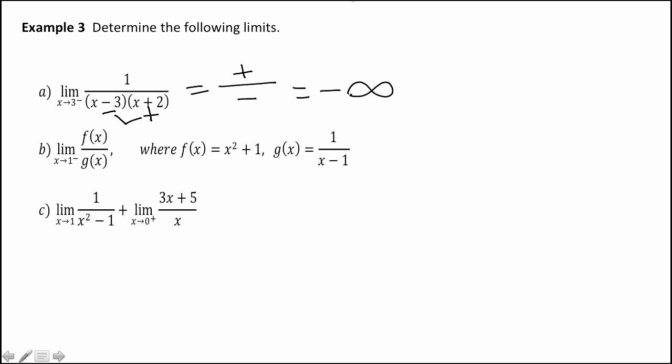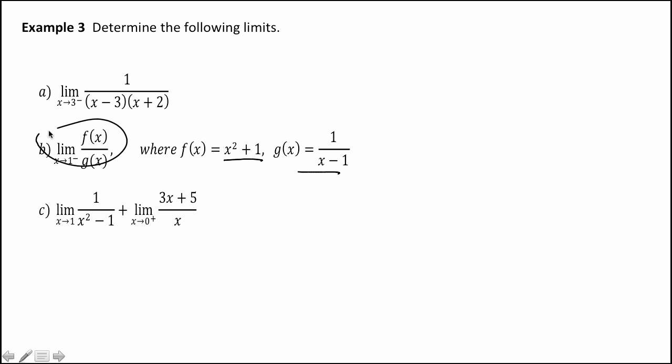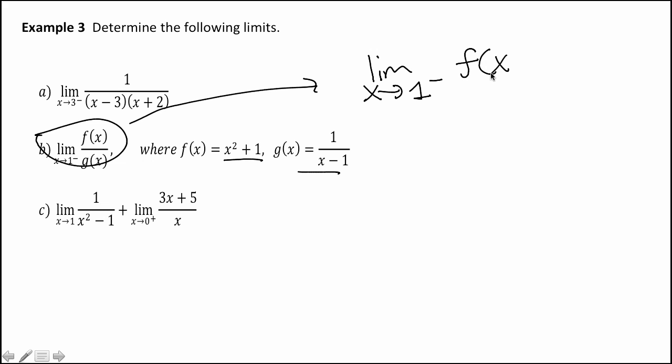Okay, so for part B, f of x is x squared plus 1, and g of x is 1 over x minus 1. So remember the properties of limits, that you can take this limit here, and you can break it into the limit as x approaches 1 of the numerator, and you can take the limit of the denominator separately.